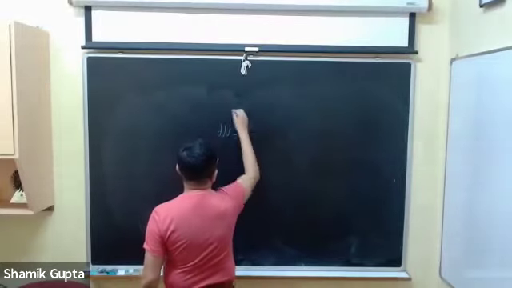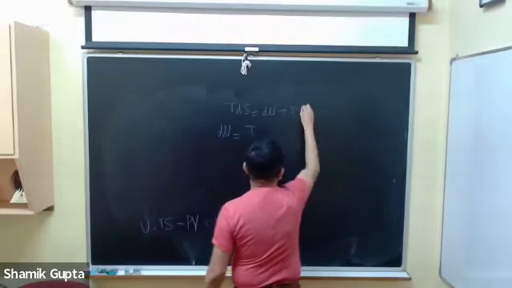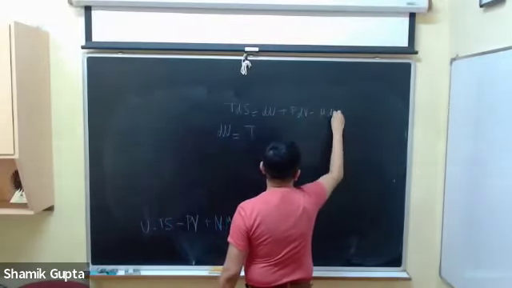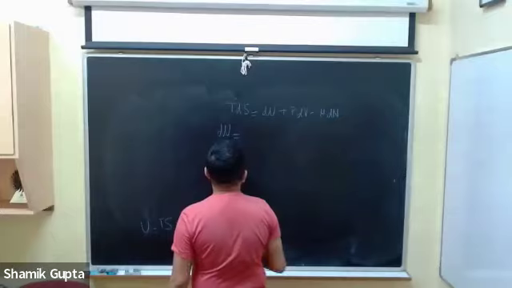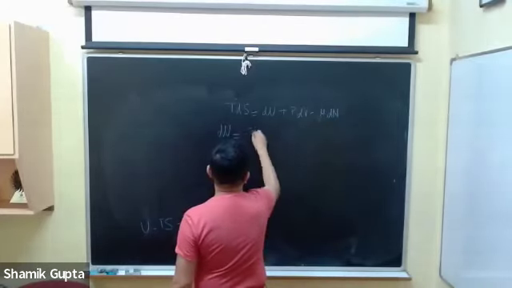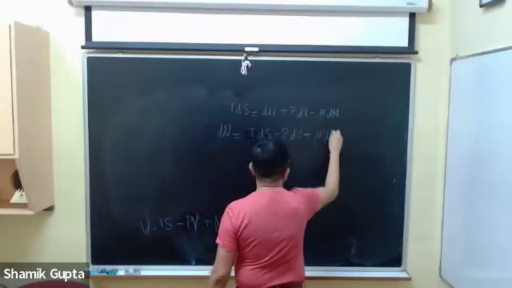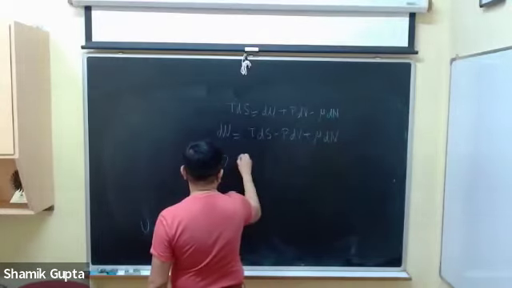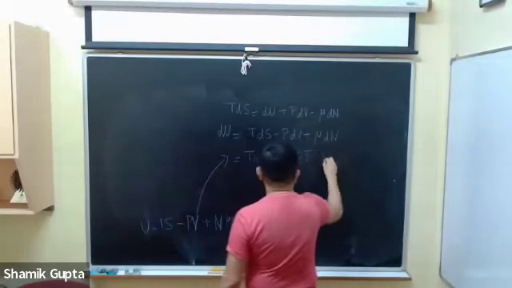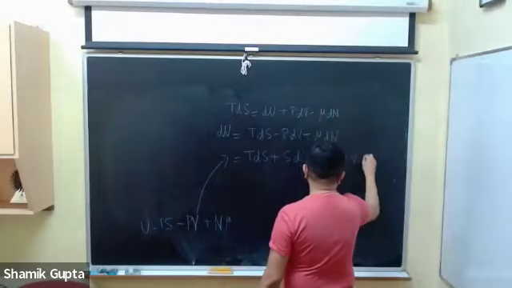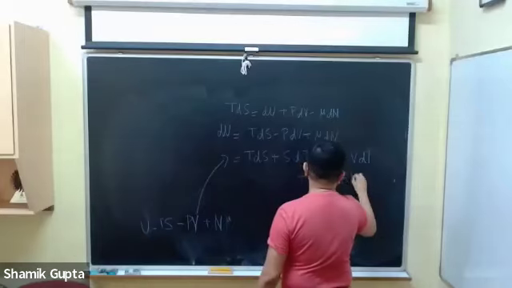From the first law, T dS is equal to dU plus P dV minus mu dN. So dU will be equal to T dS minus P dV plus mu dN. And from this one, I get dU is equal to T dS plus S dT minus P dV minus V dP plus N d mu plus mu dN.